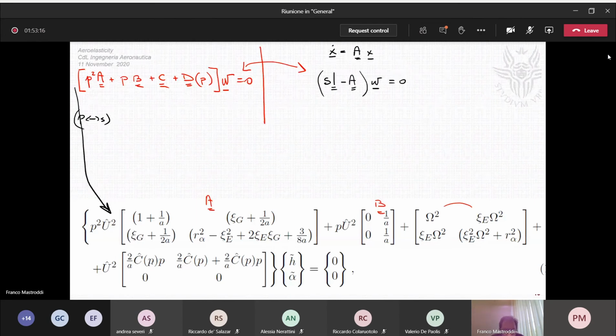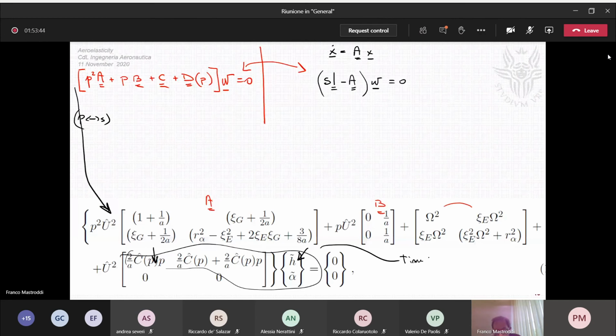Having a quantity depending on P by a quantity again depending on P. When you take the inverse Laplace transform of this part, you have a product of something P dependent with something P dependent. So in time domain, what do you have? When you have a product, you have a convolution integral. You remember this?